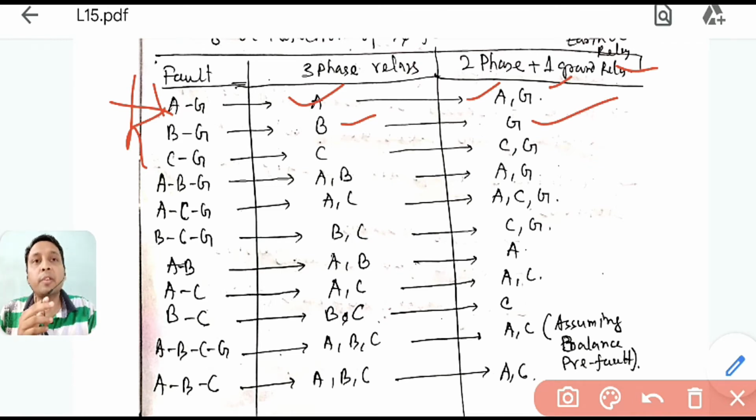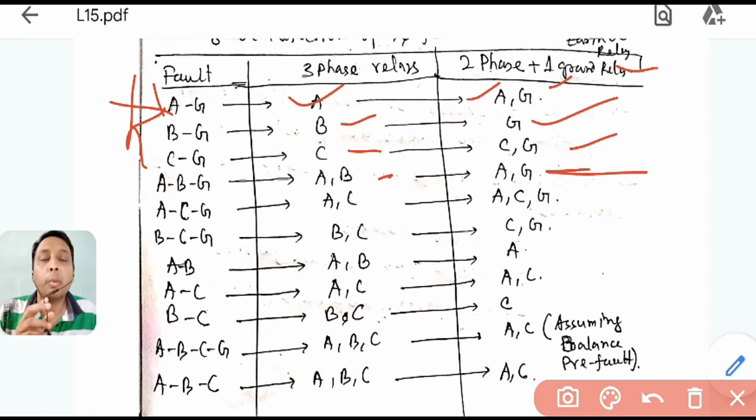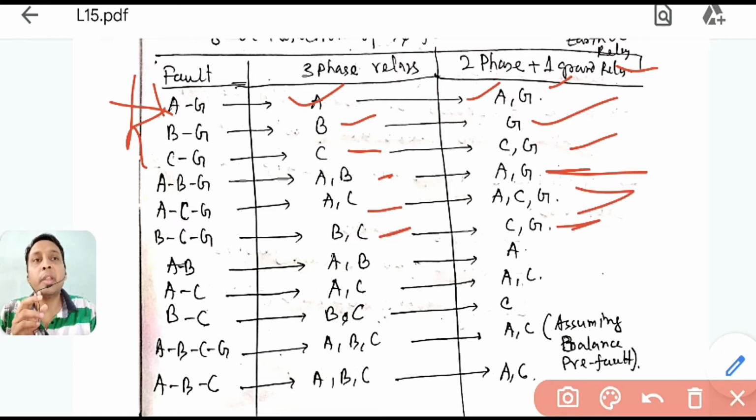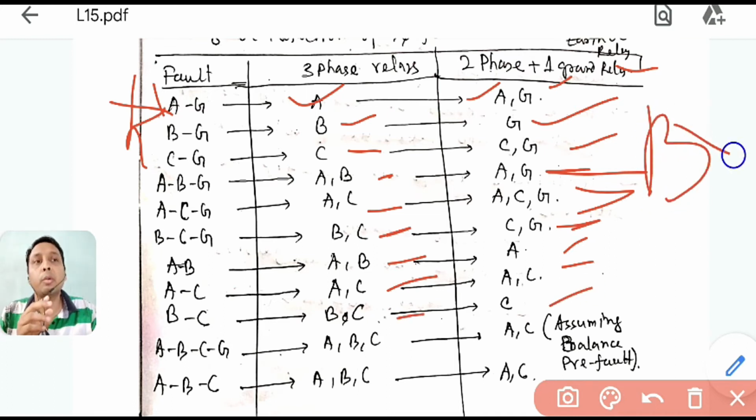Similarly for C to G, it is C, here C and G. For ABG, it will sense AB, but here it will not sense AB, only A and G, because there is no overcurrent relay on the B phase. ACG, here also ACG. BCG, there it will be BC, but here it will be CG, because B is not there. So AB, it is A; AC, it is AC; BC, it is again C, because B is not there. In this case, no B is there.